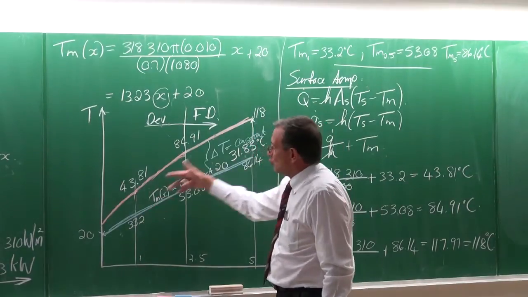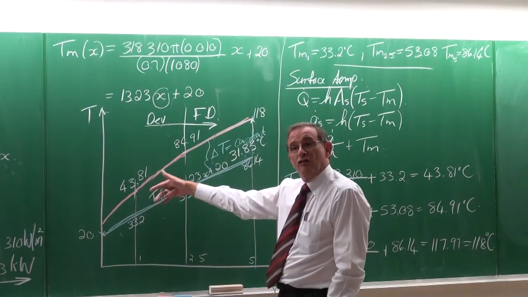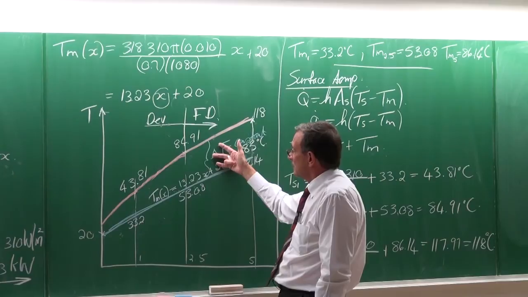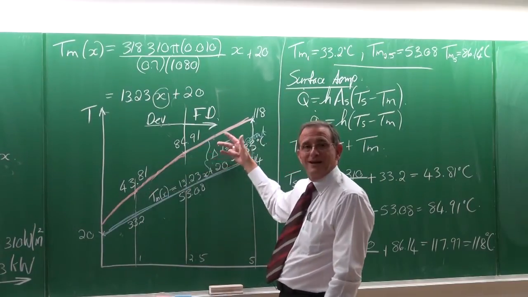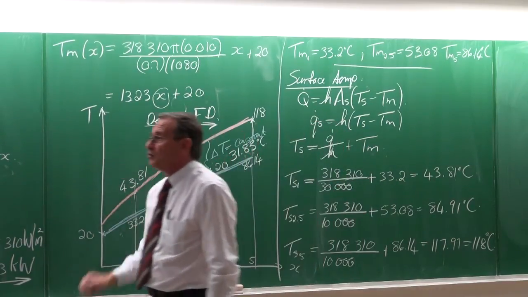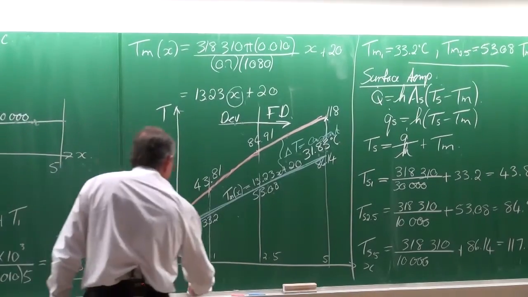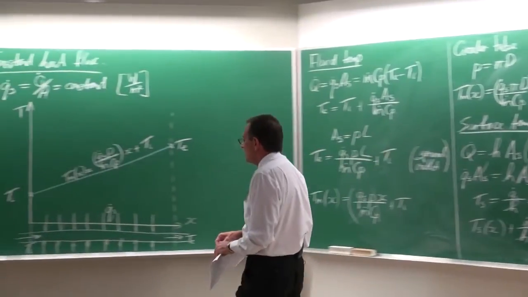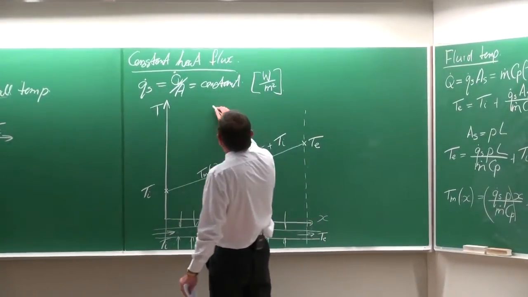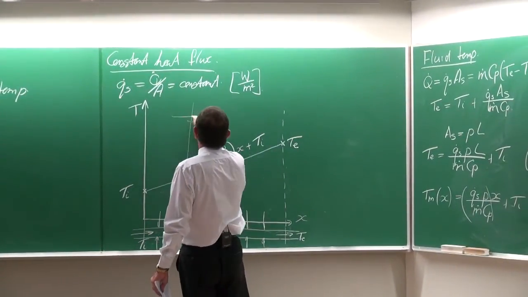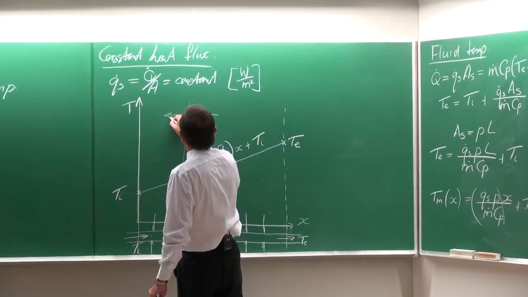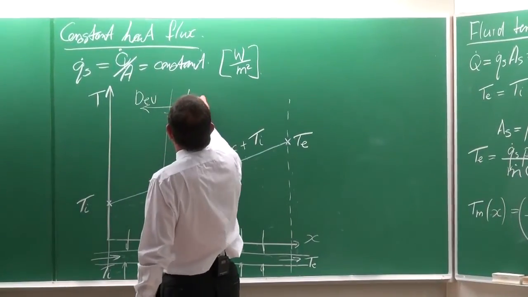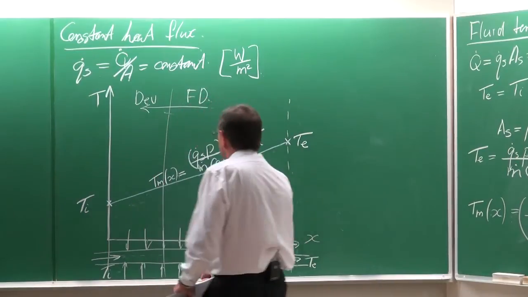So I've drawn the results here of a constant heat flux case for you in terms of numerical values. So if I go back to the board there in terms of the general behavior of a constant heat flux case, then we've got on that side the developing flow, and on this side the fully developed flow.